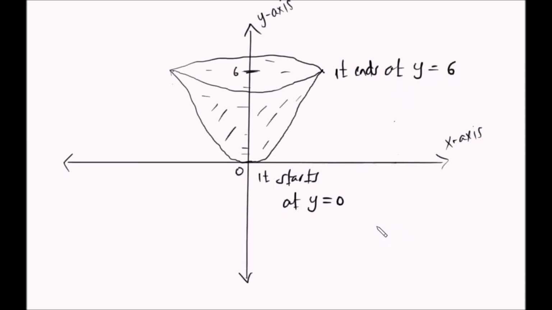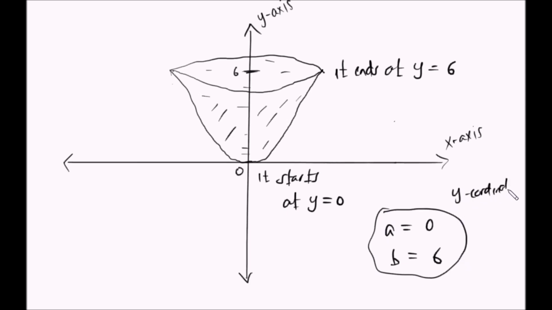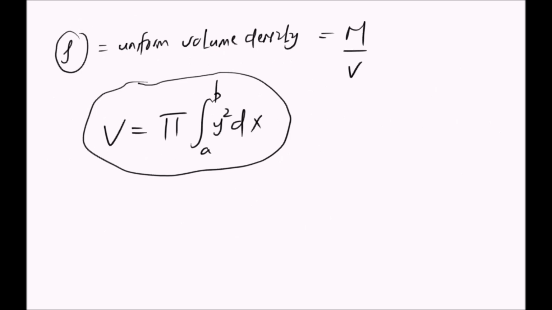It means our limits of integration ni 0 na 6, lakini hizi limits of integration ni y coordinates. Kwa mantiki hiyo, if the limits of integration are y coordinates, it won't make sense to integrate with respect to x. So it means we'll have to integrate with respect to y.